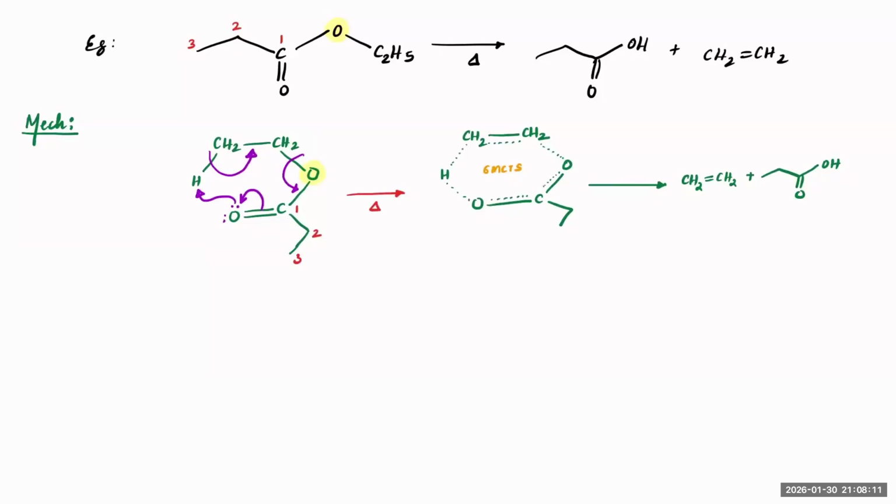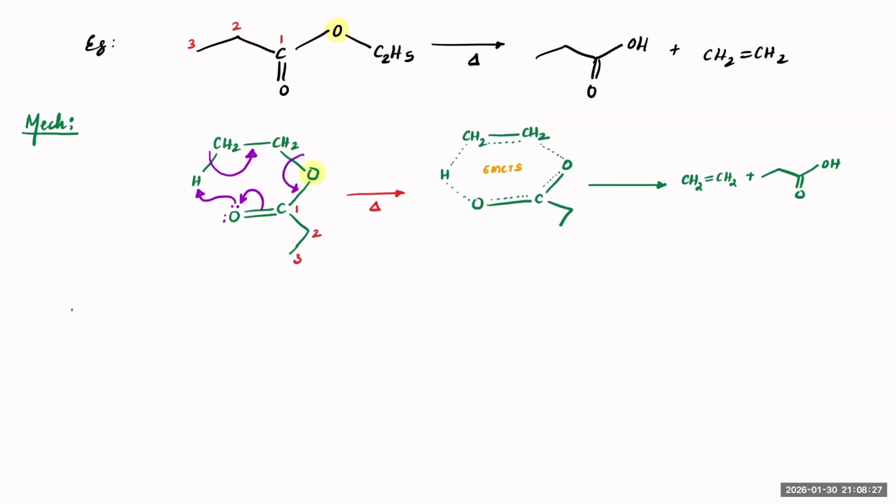Why is it called syn elimination? Notice this carefully. This hydrogen and oxygen are on the same plane and they are being removed from the same direction. You can see this is being pulled away, this is also being pulled away from the same direction.